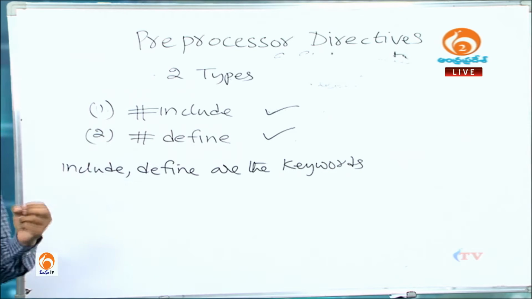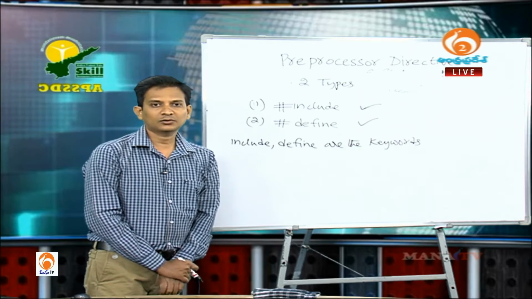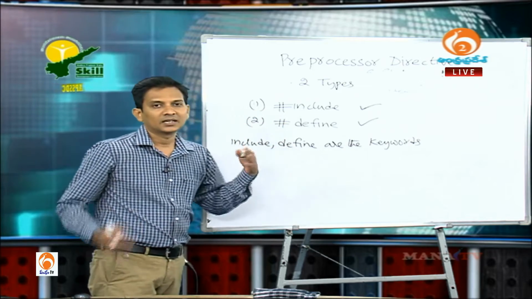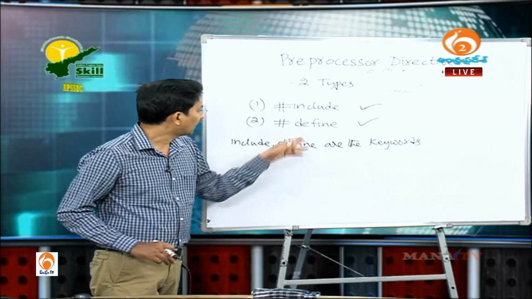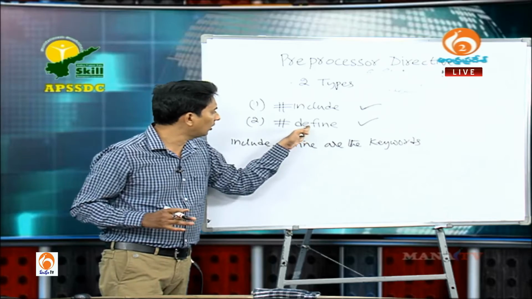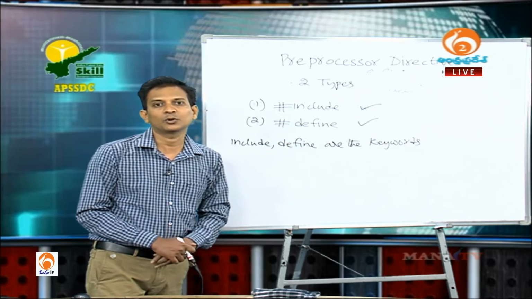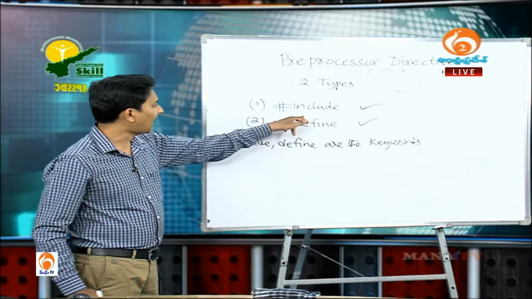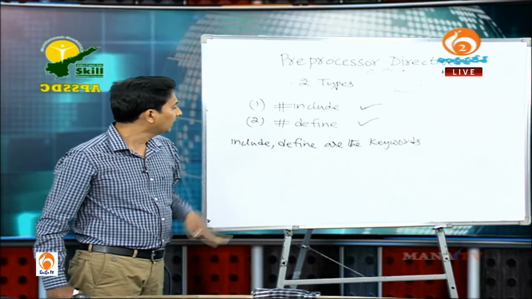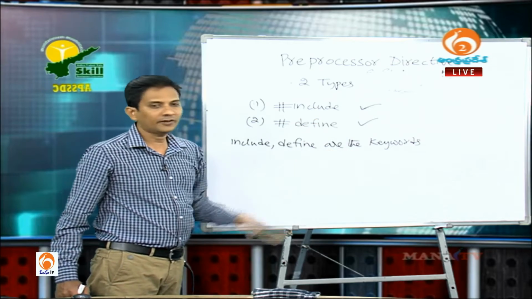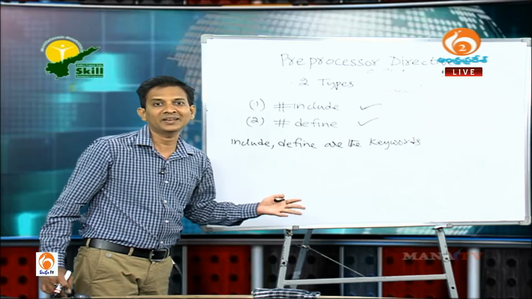Include means substituting the code; header files code, library functions code is substituted at the place of the function call. Next, define is a macro call. Now, don't ask what is a macro call. Now we are going to discuss the macros in detail. So these are the two types. One is hash include, second one is hash define. And hash include and define are predefined words, means reserved words, means keywords.